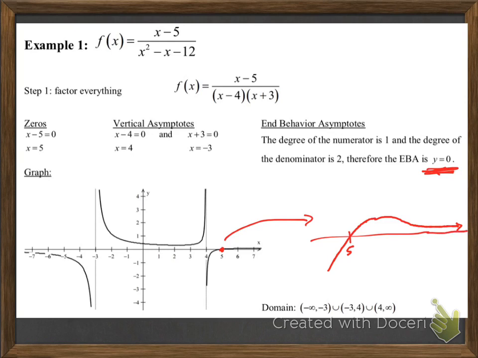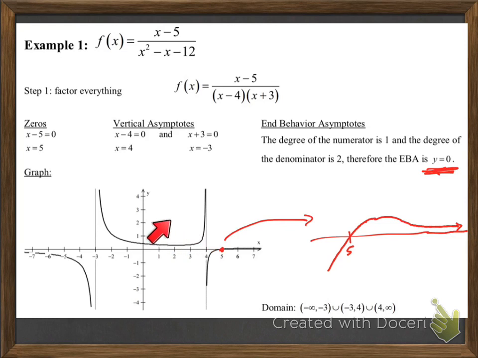All right, so yes, we do have a horizontal asymptote, and that's why I really prefer calling it an end behavior asymptote, because that's what is happening towards the end of the graph. It is asymptotic. It is not going to cross the x-axis again.